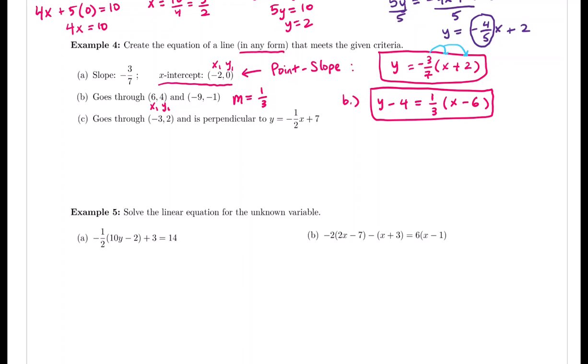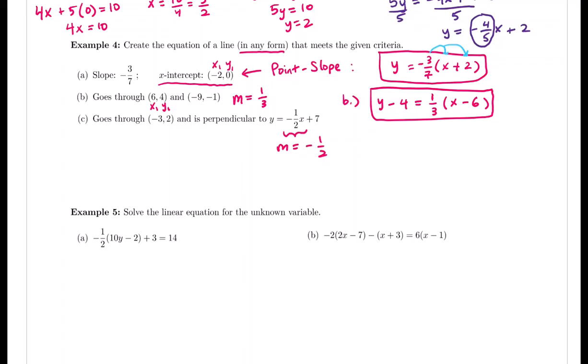All right, part C says we're looking for a line that goes through the point negative 3, 2 and is perpendicular to y equals negative 1/2 x plus 7. Remember from previously we said that 2 lines are perpendicular if their slopes are opposite reciprocals. The slope here is negative 1/2.